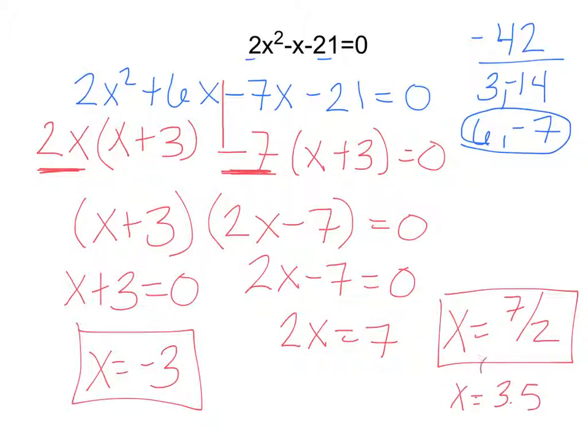So I don't care which one you use, okay? So here is, again, my x squared turns into two answers, negative 3 and 7 over 2, or 3.5.